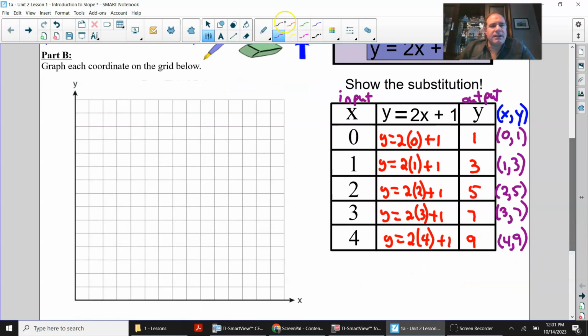When you're numbering a graph, you start with 0 right here. And then we're going to just count. You notice that I'm putting the numbers exactly under each line. We do not count boxes. We're going to count lines.